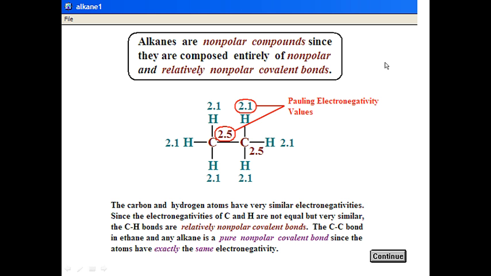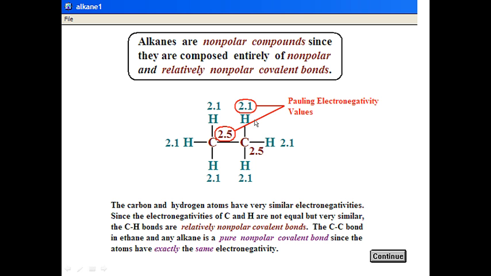Now, when we talk about the polarity of alkanes, alkanes are considered to be nonpolar compounds since they're composed of nonpolar, or what we call relatively nonpolar, covalent bonds. The electronegativity values for hydrogen and carbon are 2.1 and 2.5 specifically. So if you have a carbon-carbon bond, that's purely covalent because those are pure sharing of electrons. If you have a carbon-hydrogen bond, that's going to be what we call a relatively nonpolar covalent bond.